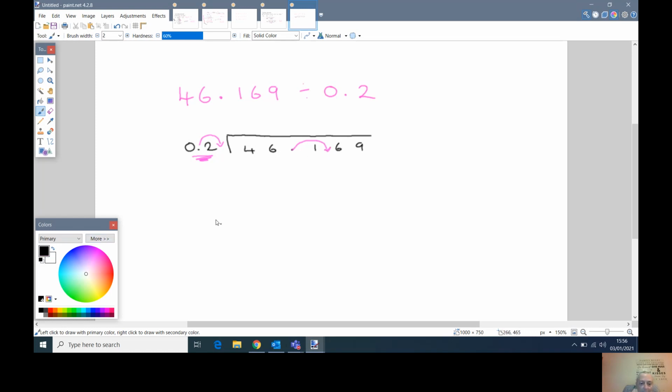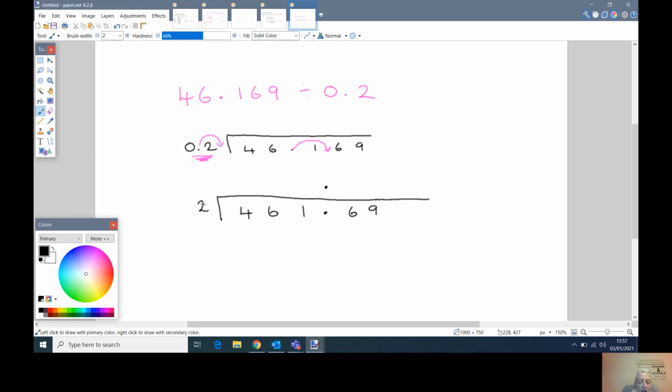So I'm now left with 2 divided by 4, 6, the decimal's here now, so that's 1, my decimal's now here, 6, 9, decimal on top. Let's get going.